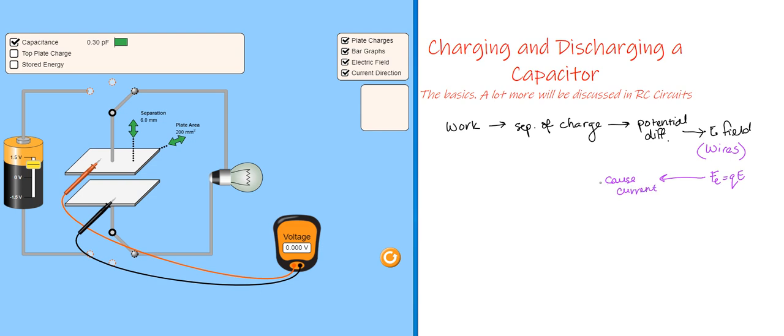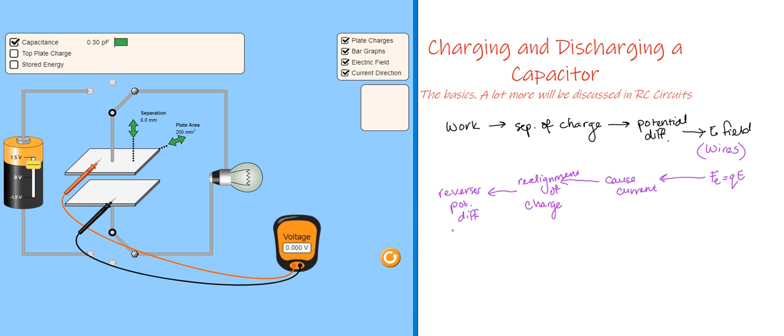When the current is pushed through the light bulb, we see that in the form of energy of light there. But as that's happening, as the current is traversing the circuit, that causes a realignment of charge, or a regrouping of charge, so the opposite of separating charge, which reverses the potential difference.